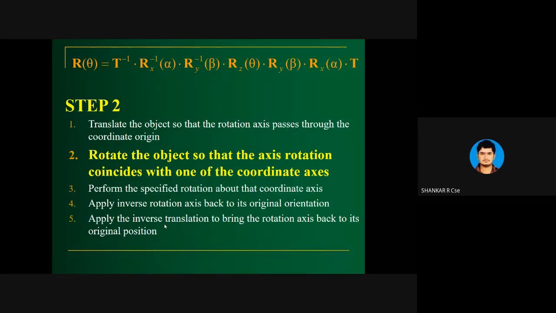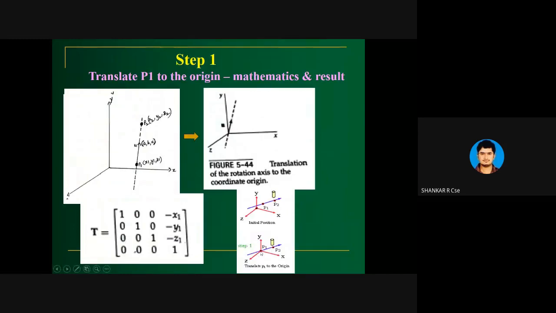Step 2, rotate it. What you need to rotate? This blue line, the output of the first step. Now the blue line has p1 at origin, p2 is here, and the arrow mark is in the first quadrant. Now the second step says the arrow mark should come to the z axis. Since it is in the first quadrant, it will not simply come to the z axis.